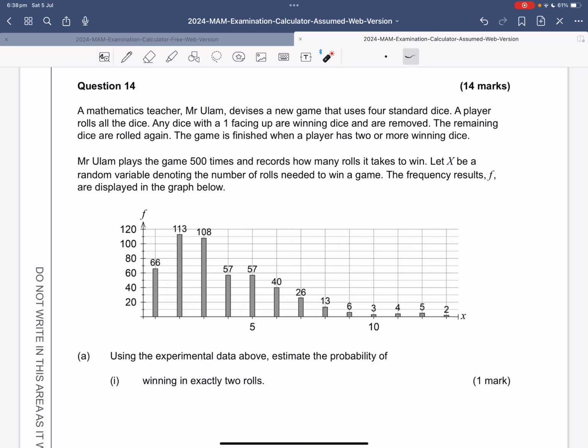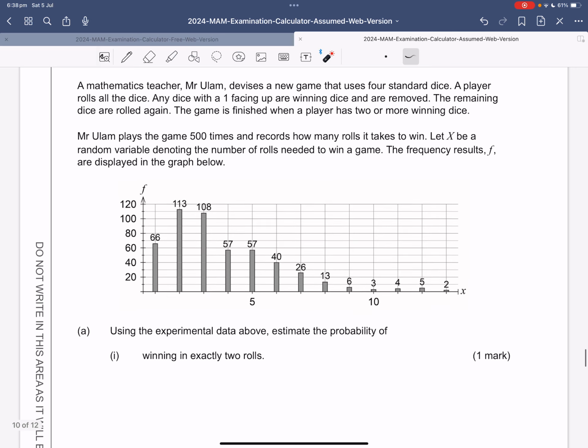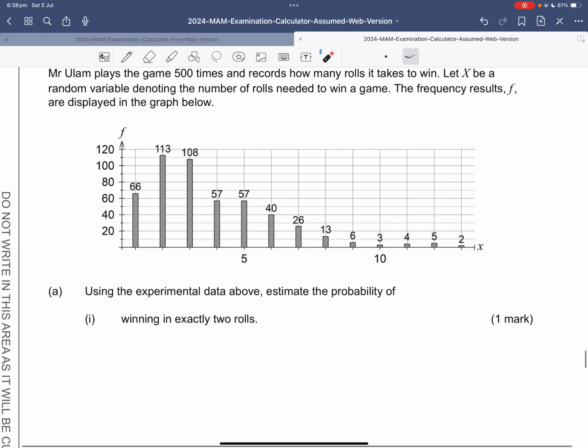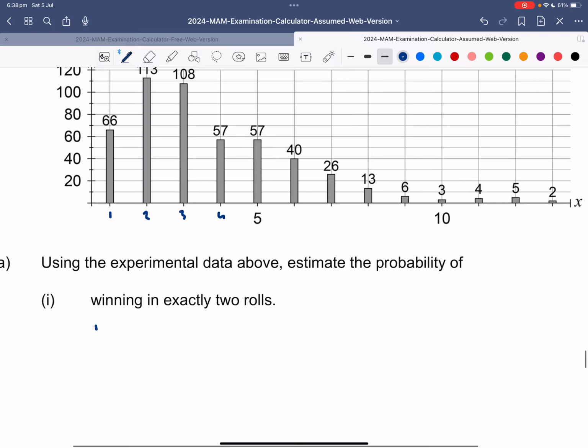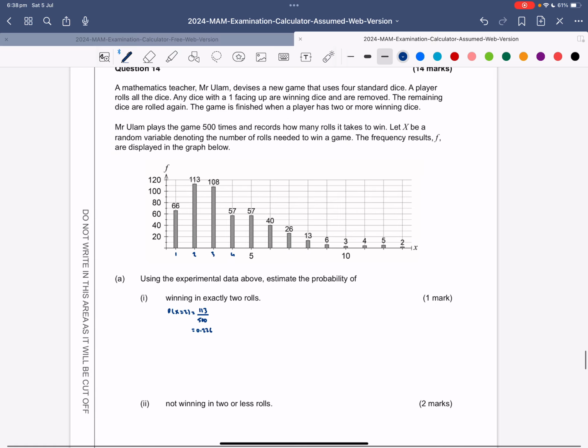Using the experimental data above, what's the probability of winning in exactly 2 rolls? Well, there you go. So you can see that this is 1 roll, 2 roll, 3 roll, 4 roll. So the probability that we win in exactly 2 rolls is 113 divided by 500, which is 0.226.